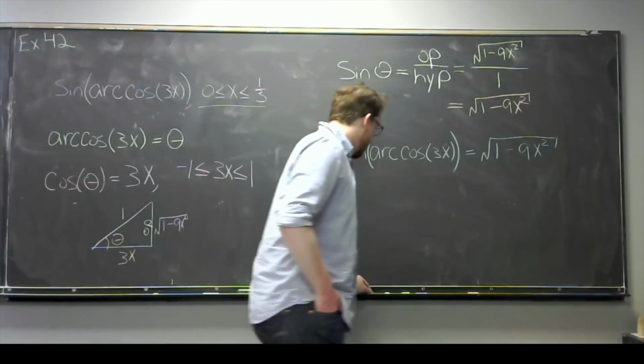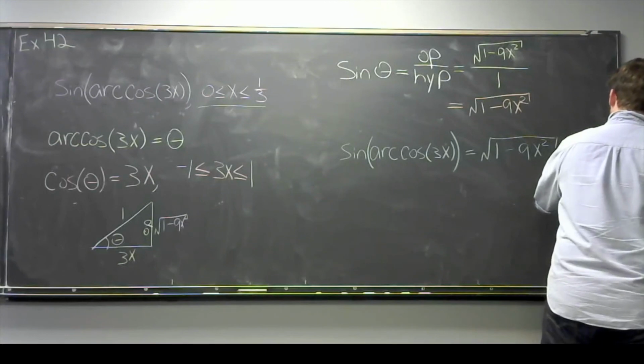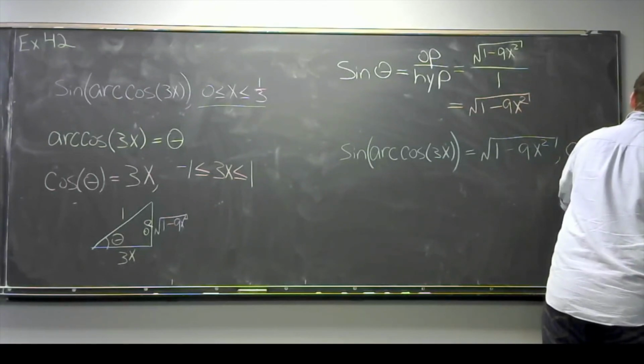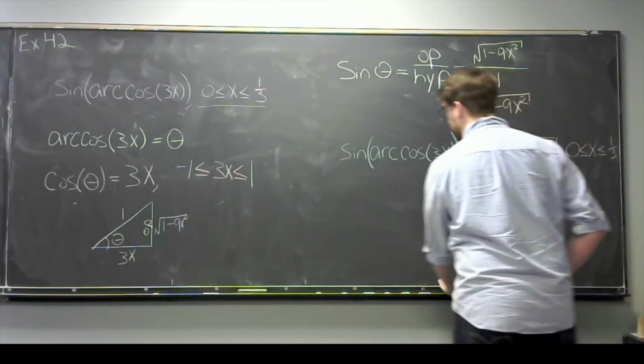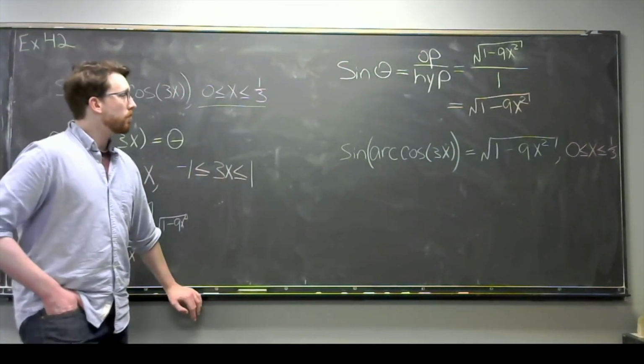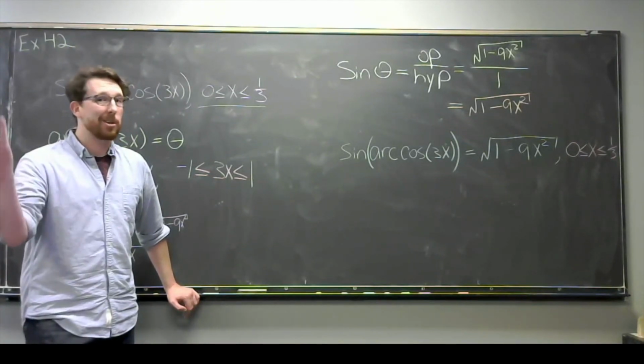So we have to tack that on to the end here. Say x is between 0 and 1 over 3. And that's it. That's all we got.